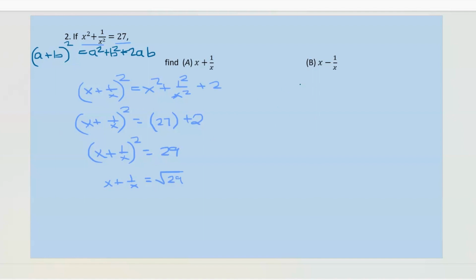Okay, here it is. So you have to find about the same thing, but instead of x plus 1 over x, it's x minus 1 over x. So that's basically the only difference.